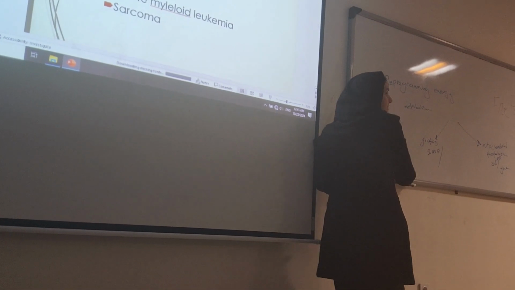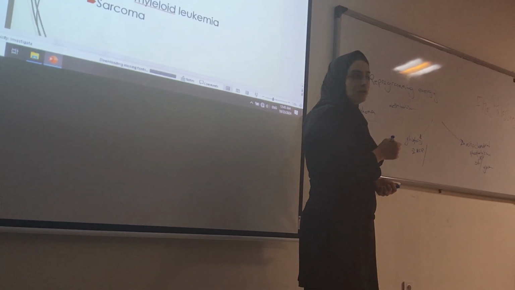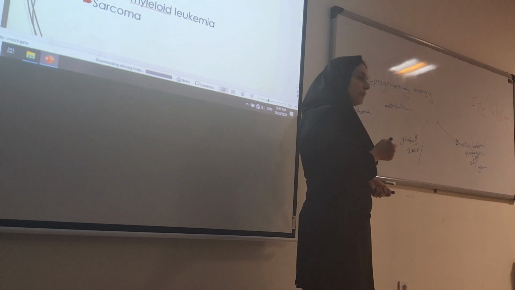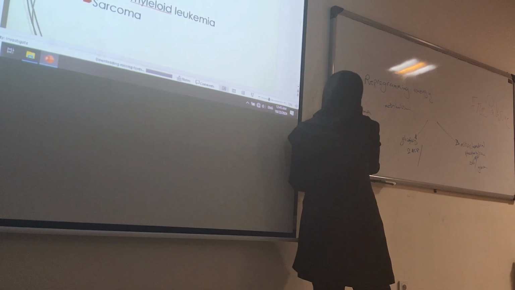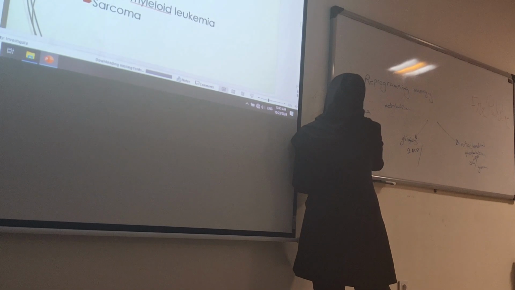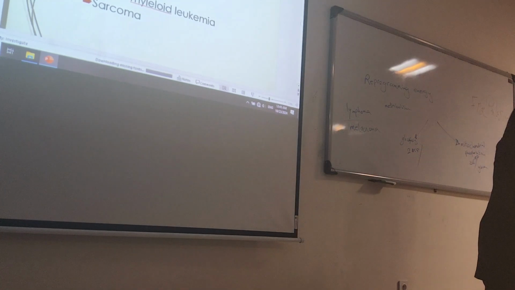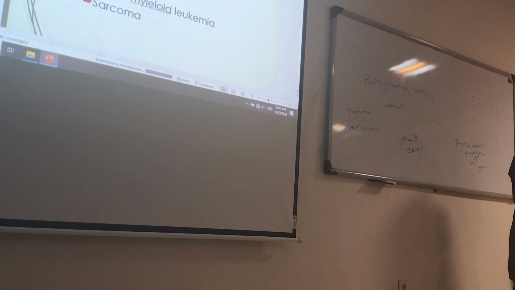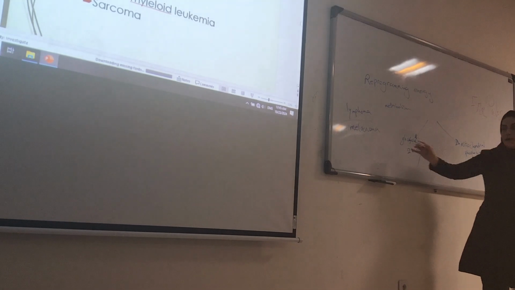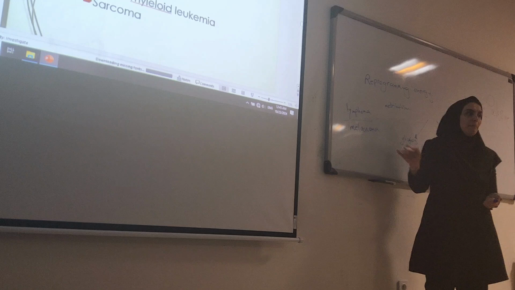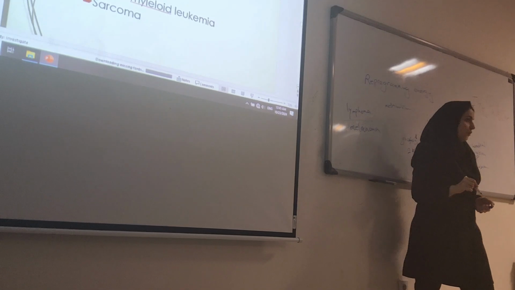Lymphoma is malignancy of which tissue? Lymphoid tissue. Any lymphoid tissue. Okay. The other one I said is melanoma. It is a type of skin cancer, and this is especially for melanocytic origin.